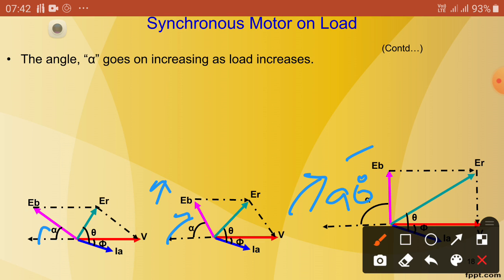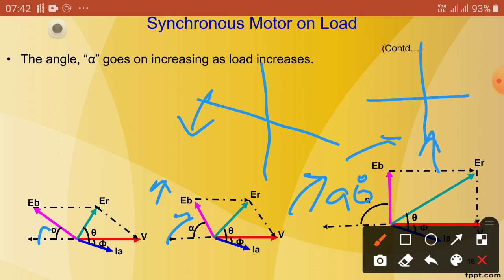If the load on the rotor is increased further, this axis and this axis keep moving in this direction. So here is 90 degrees.